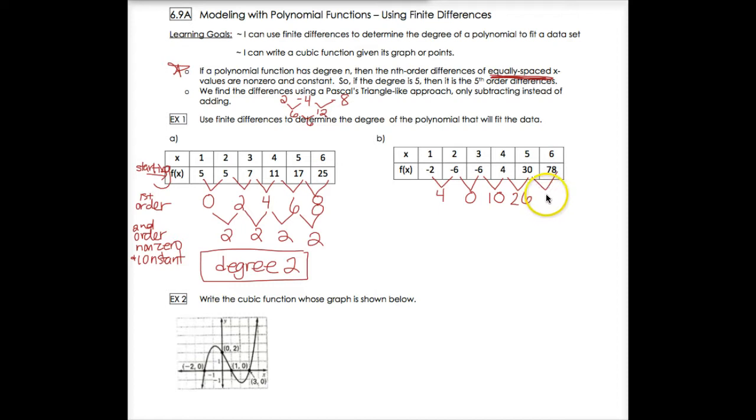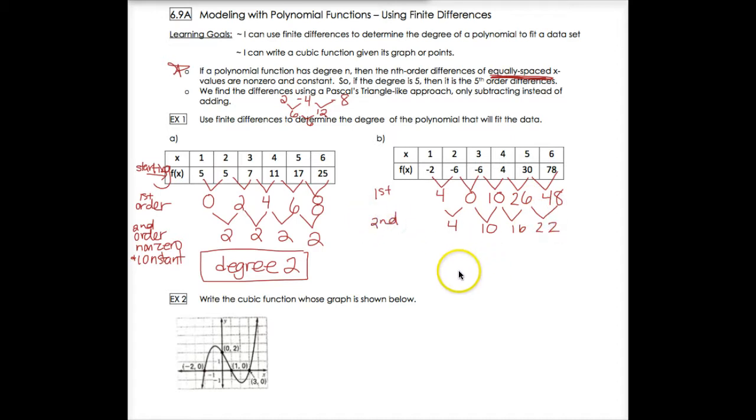And between 30 and 78, that would be a difference of 48. So here's my first order. So second order, here's 4, 10, 16, and 22. So here's my second order differences.